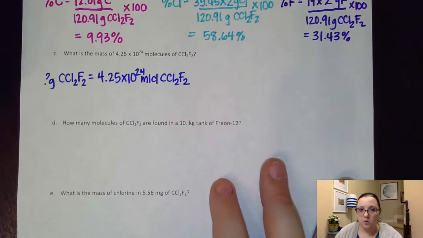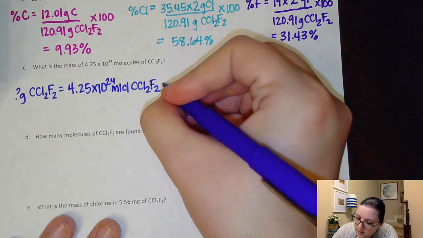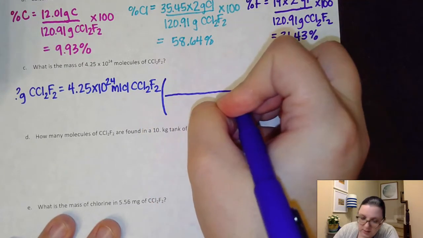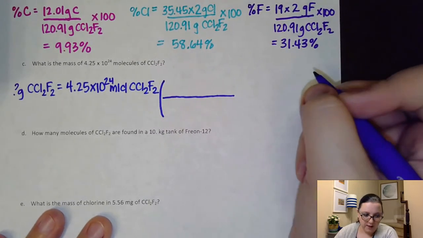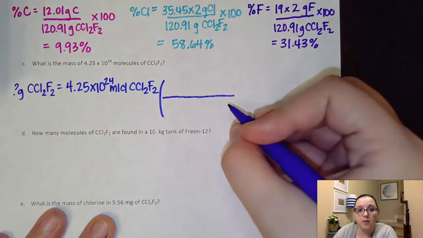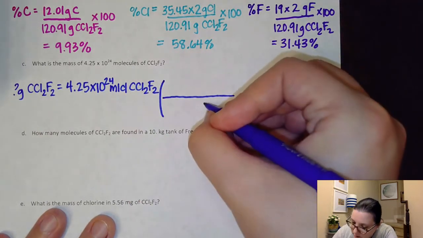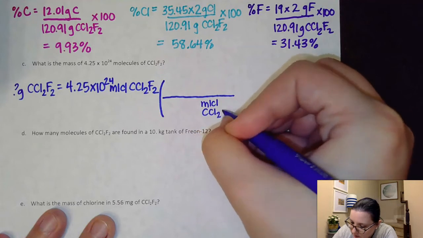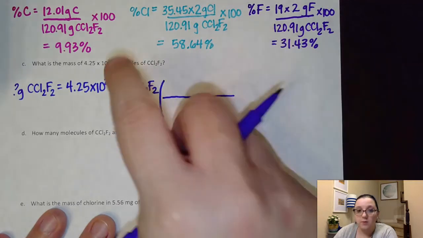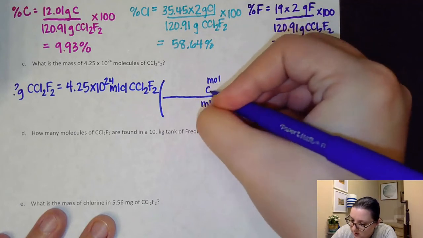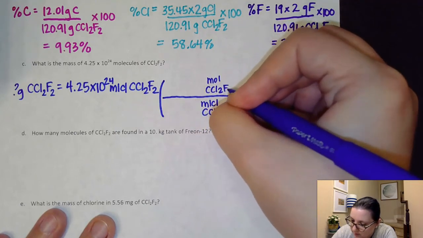All right, so I'm going to set up my dimensional analysis. I like to use the parentheses, but if you like to use the T-chart, then help yourself. I'm going to have molecules on top here, so on this step I want to put molecules of CCl2F2 on the bottom, so those units cancel, and moles of CCl2F2 on top.